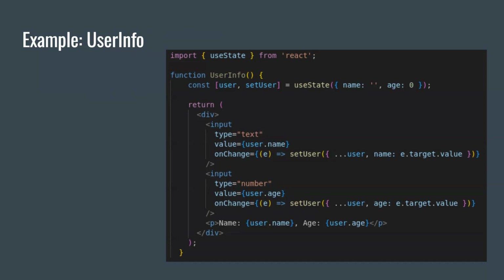And then we have two input HTML components, and on input change, the first one is going to update the user's name, and the second one is going to update the user's age.